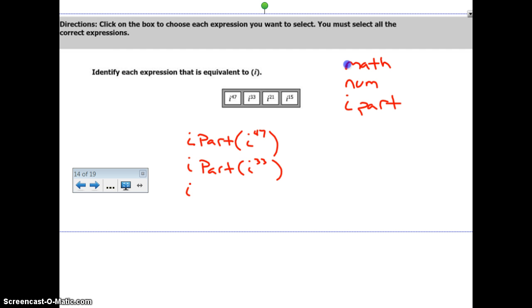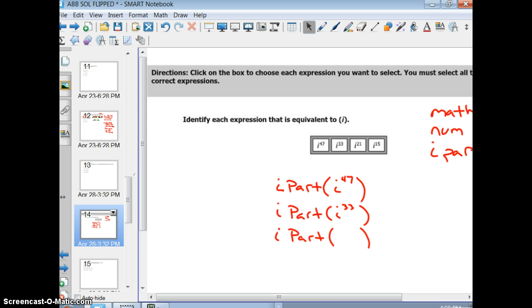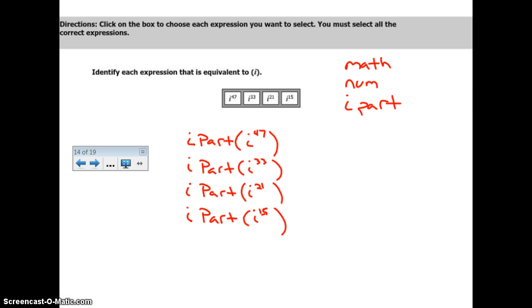We'll do the same thing with I to the 21st. And you'll do the same thing with I to the 15th.